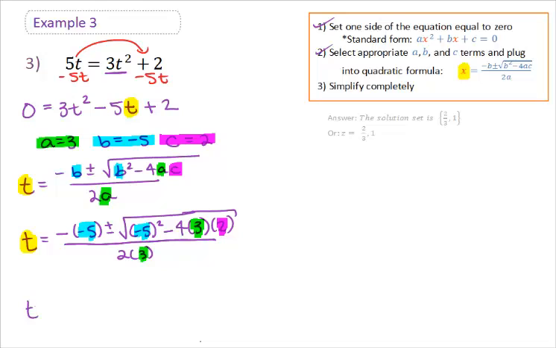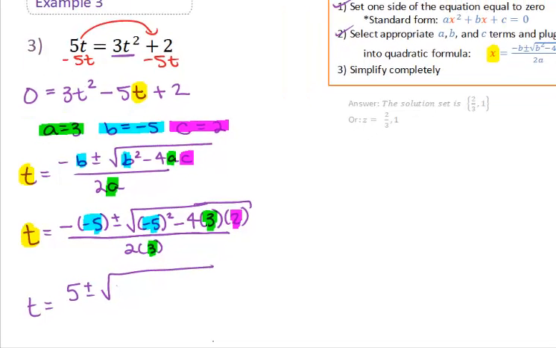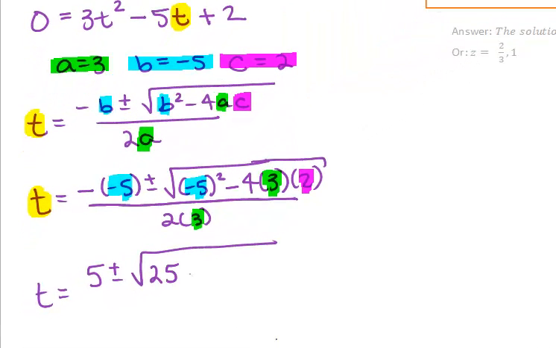So I have t is equal to positive 5 plus or minus square root. Negative 5 squared gives me positive 25 minus 4 times 3 times 2. I'm going to do that all at once. 4 times 3 gives me 12, and 12 times 2 gives me 24.